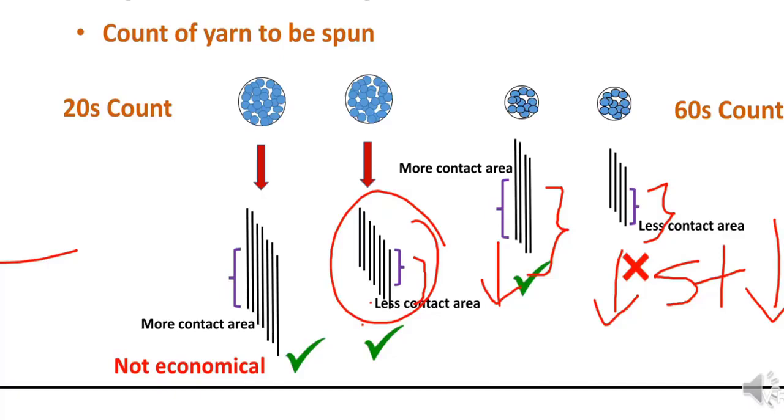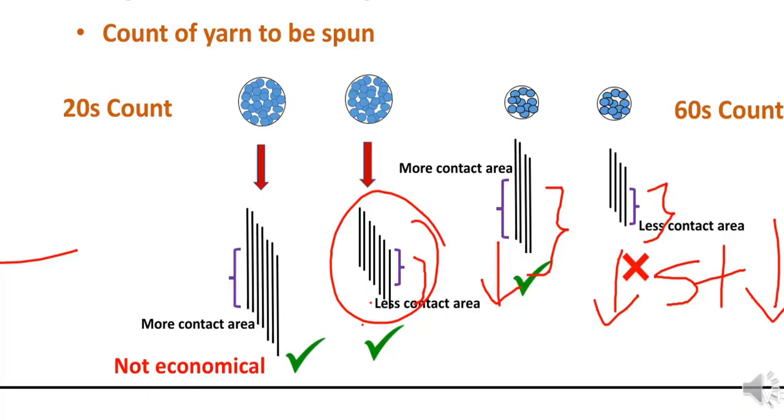So if you use short fibers for spinning fine counts, then you won't get enough interfiber friction because of both less area of contact and less number of fibers in cross section. And hence, if you apply even small load, the fibers start slipping.